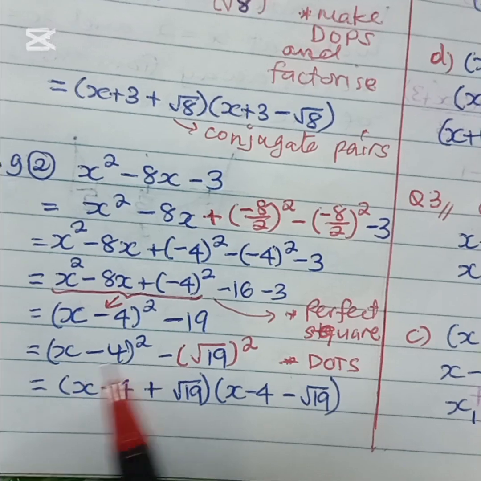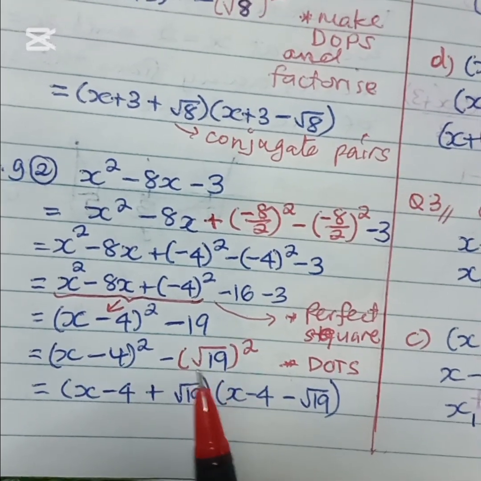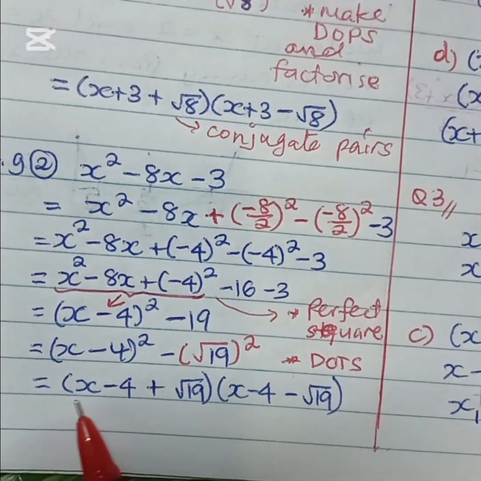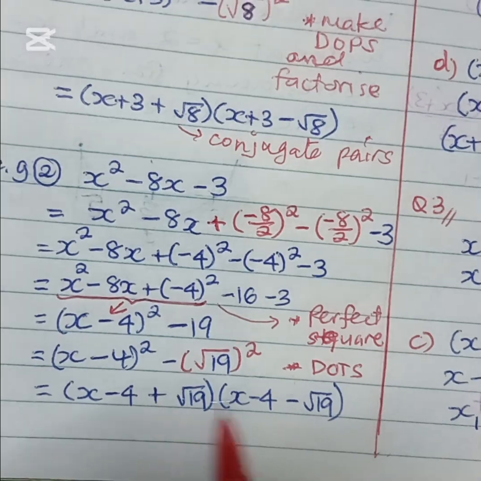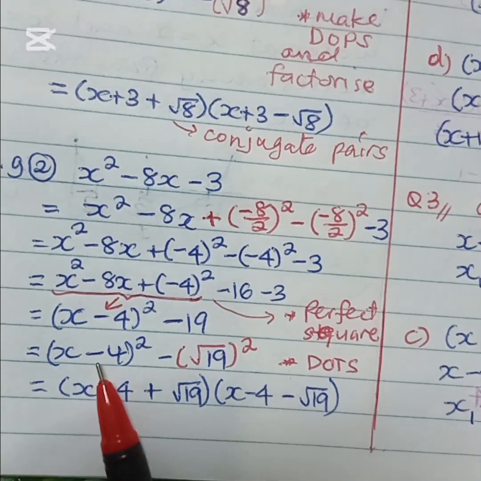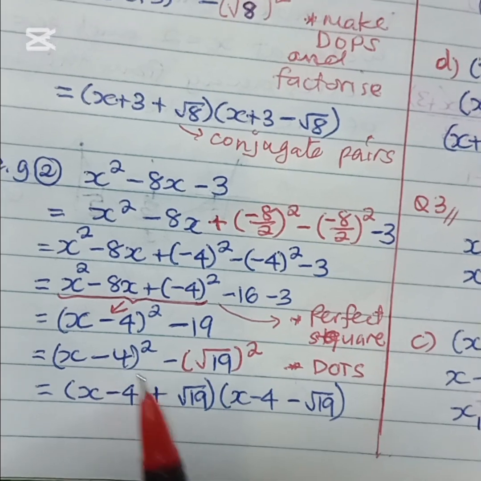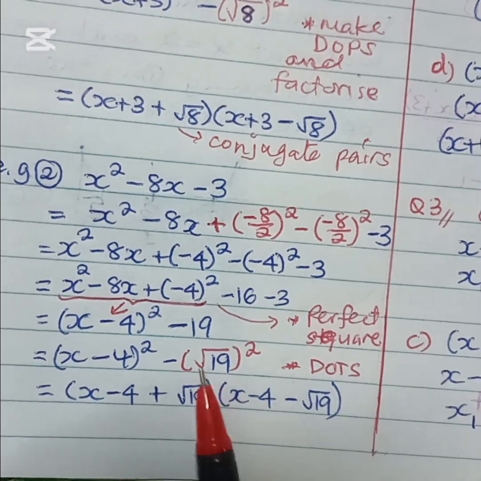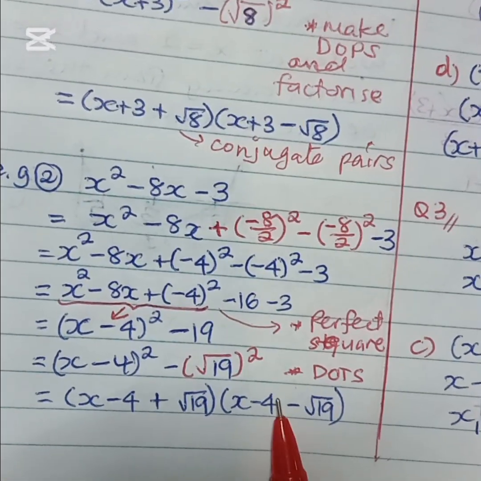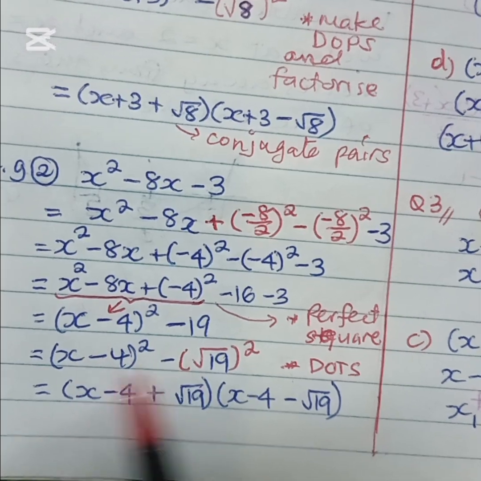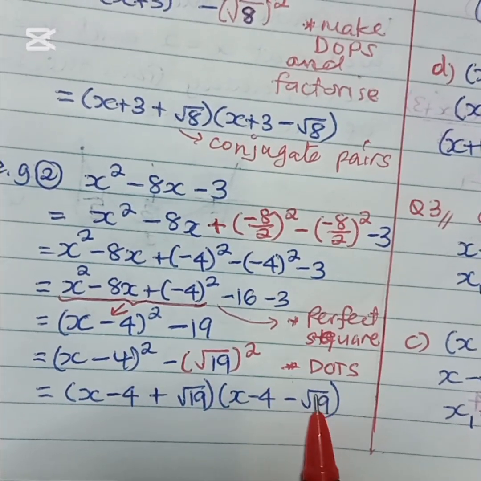The first base is x minus 4, and the second one is square root of 19. So one factor has a plus and the other factor has a minus between those bases. x minus 4 plus square root of 19, and the other bracket x minus 4 minus square root of 19.